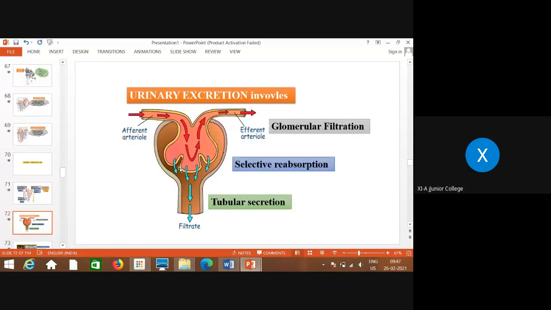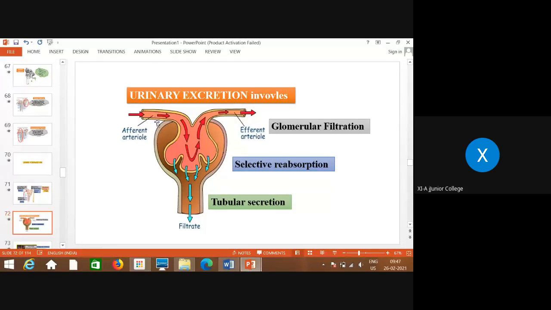Now, how does glomerular filtration take place? You know that the blood vessel called the arteriole, which enters this Bowman's capsule, has a greater diameter than the arteriole which is going out of the Bowman's capsule.